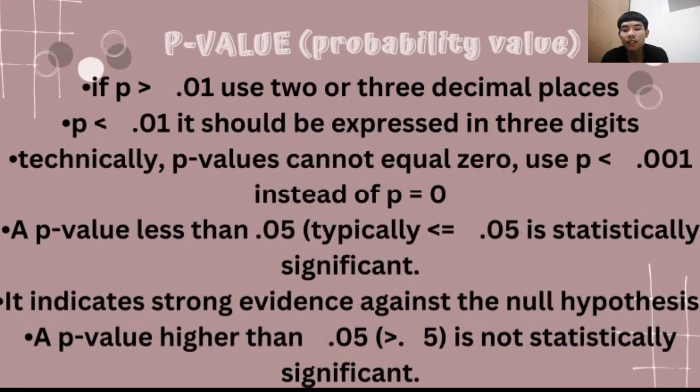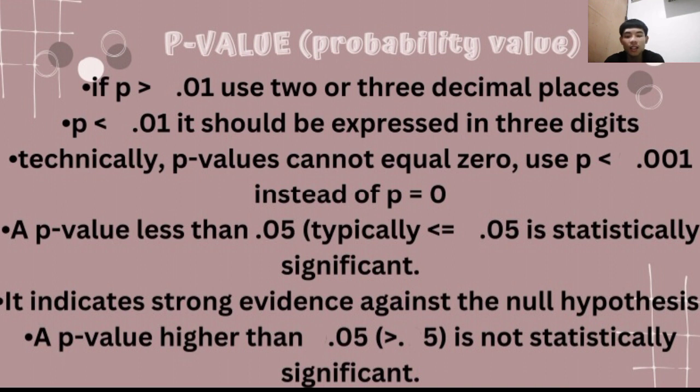If p is greater than .01, use 2 or 3 decimal places. If p is less than .01, it should be expressed in 3 digits. Technically, p-values cannot equal 0. Use p < .001 instead of p = .000. A p-value less than 0.05, typically less than or equal to 0.05, is statistically significant.